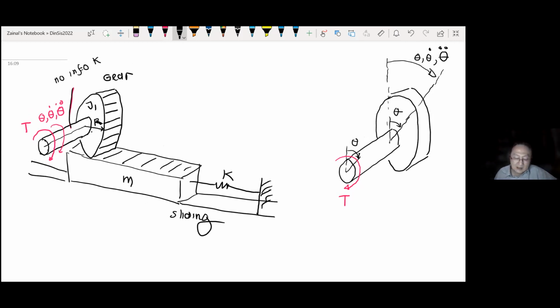Because you have theta double dot, of course you have inertia. If you assume this on static condition, I have to write down here the inertia J multiplied by theta double dot.